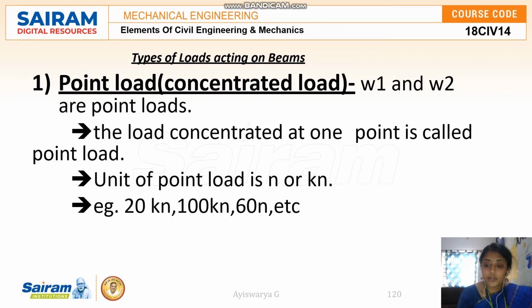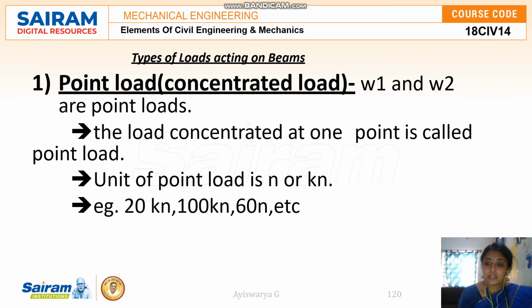Now I'm going to teach you about the first type of load. The first type of load applied in the beam is point load. Point load, in other words, is called a concentrated load. It is represented in terms of Newton or kilonewton.